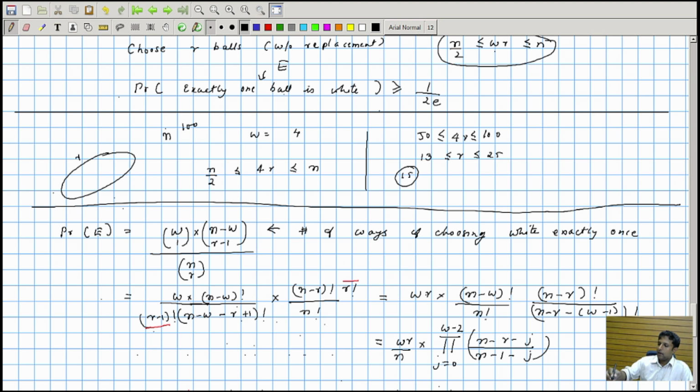And WR by N, because N by 2 is less than WR, WR by N is going to be greater than half into this particular product, J going from 0 to W minus 2, N minus R minus J divided by N minus 1 minus J.